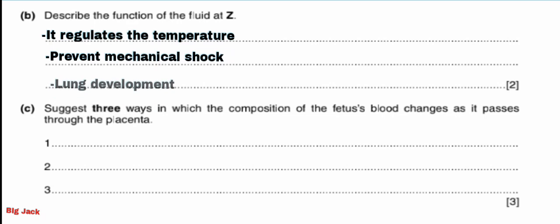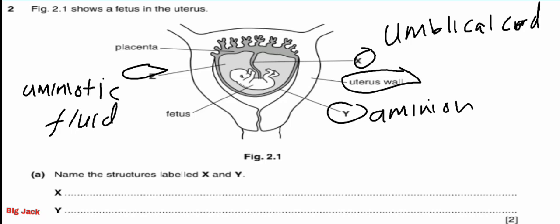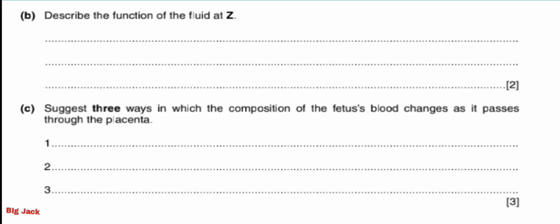Now, why are we including this one? When you say lung development, you are going to find that in the amniotic fluid, the lungs of the fetus are going to be able to expand. So once they are expanding, that one is going to allow the development of the what? The lungs.